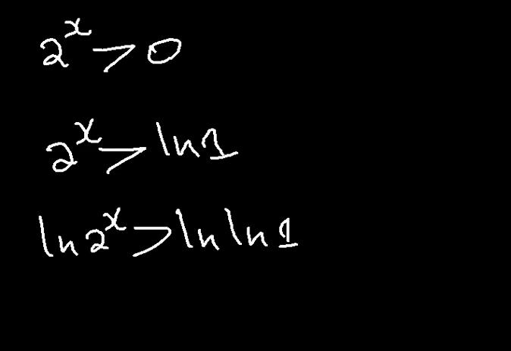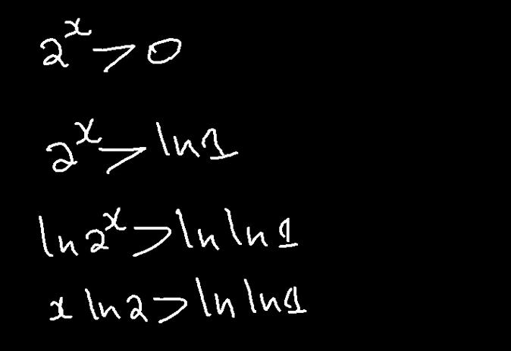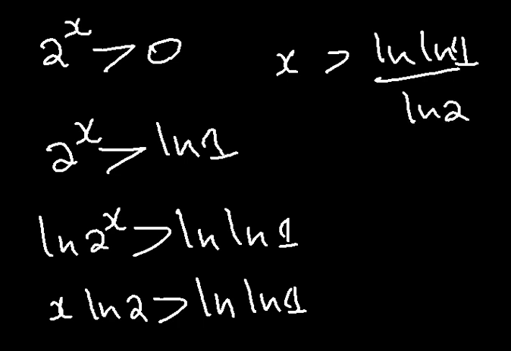Now in this case we'll have x times ln 2, which is greater than ln of ln 1. So in this case we'll have x greater than ln of ln 1, divided by ln 2. So that is the solution.